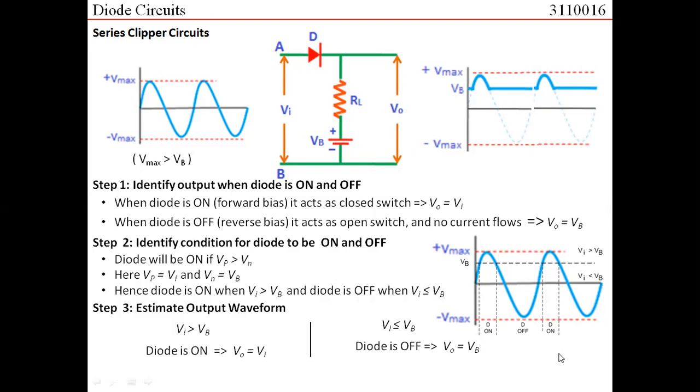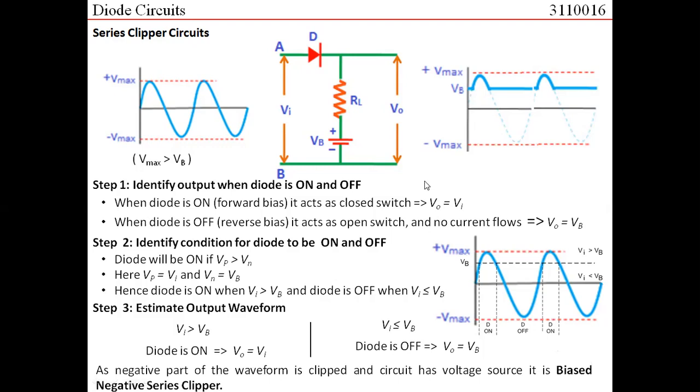Right? If you try to name this clipper, then this obviously is a series clipper. Again, it is restricting the lower portion of the waveform. Yes, some of the positive part of the waveform is also restricted, but in general we say that a positive clipper is one where the upper portion of the waveform is clipped. A negative clipper is one where the lower portion of the waveform is clipped.